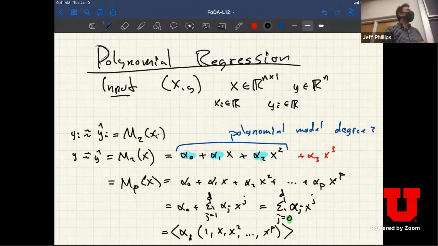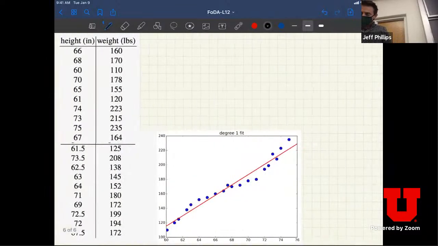Before, I already converted my x by adding this 1 in front before I took the dot product. Now I just need to do a little bit more conversion here. And I get the same sort of model as before. It's still just a dot product to evaluate, but I need to convert my data point x into this longer p plus 1 dimensional vector. So now alpha is in R^(p+1). So let's look at this example before we go on to how to solve for this.